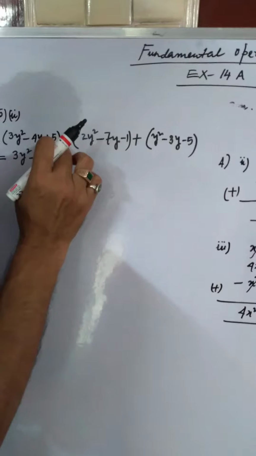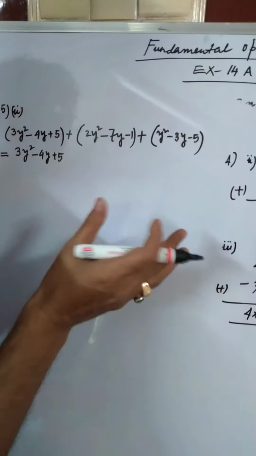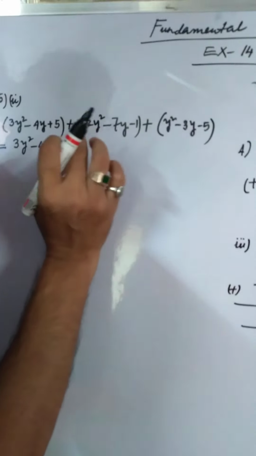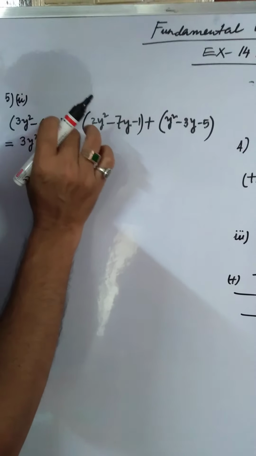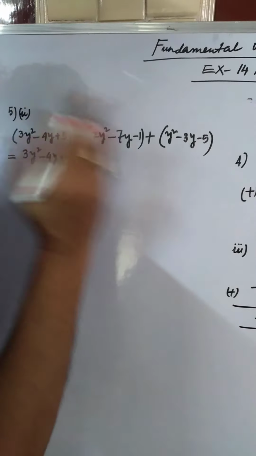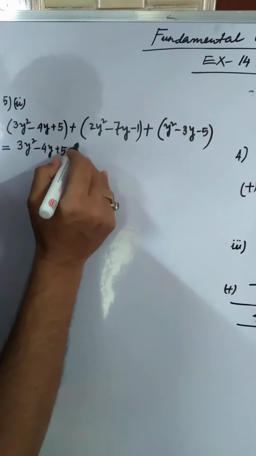Whenever there is a positive sign before the bracket, when you remove the bracket, just put the sign before the number as it is given. Do not change the sign if the positive sign is there outside the bracket. Just remove the bracket and write the numbers as they are given within the bracket.